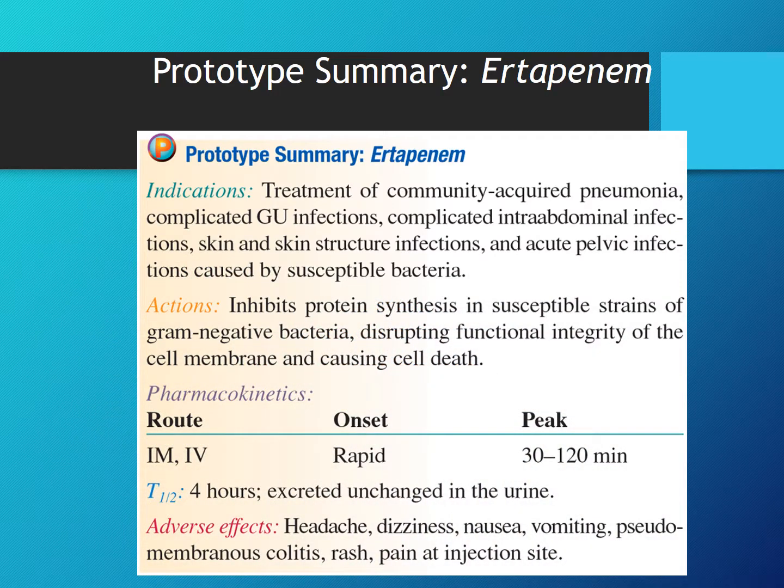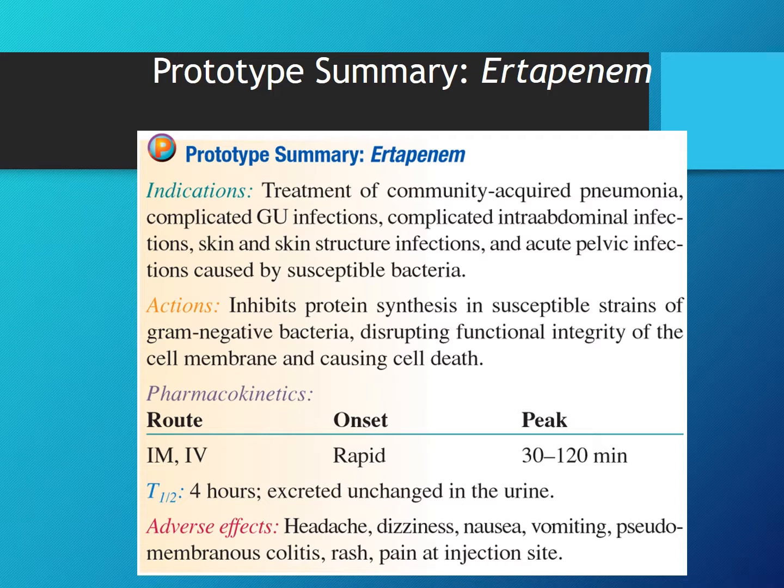So here's our prototype card for your carbapenems, and this is for ertapenem. That's the prototype in your textbook that we use to treat community-acquired pneumonia, as well as GU infections, intra-abdominal infections, skin infections, and pelvic infections, given IV or IM with a half-life of around 4 hours.